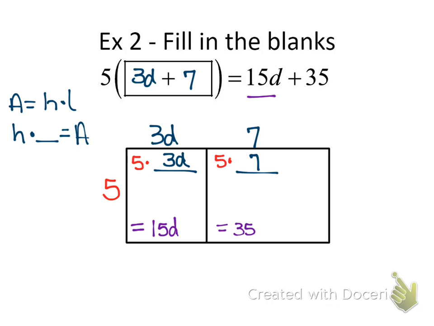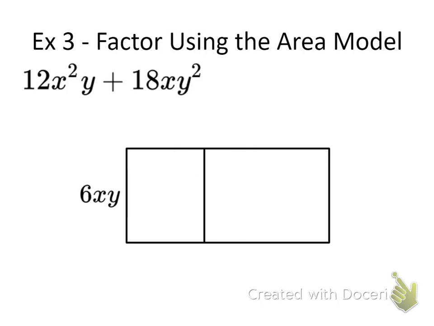Yeah. Okay, you're going to work this next one for me a little bit. It's not any harder. For example number 3, you're going to put 12x squared y plus 18xy squared.